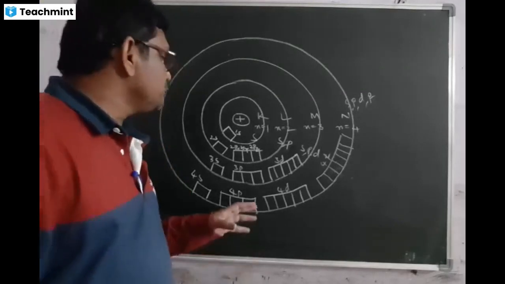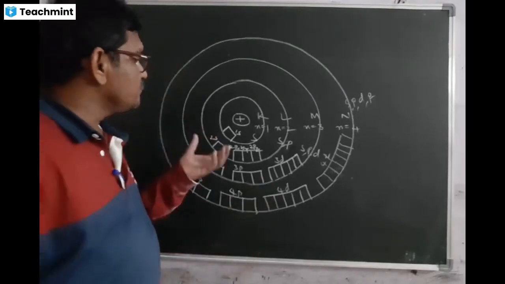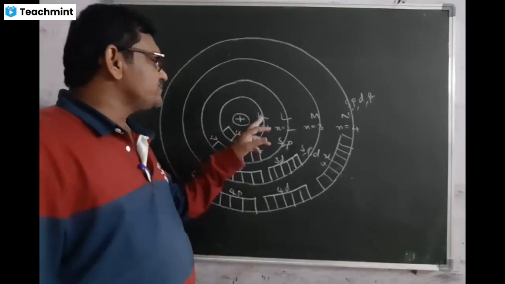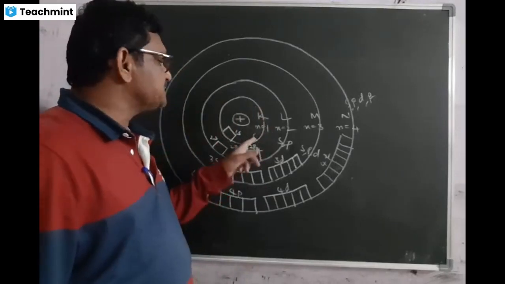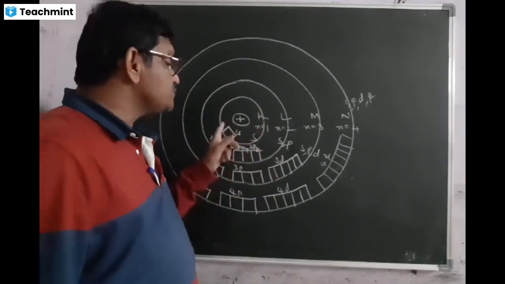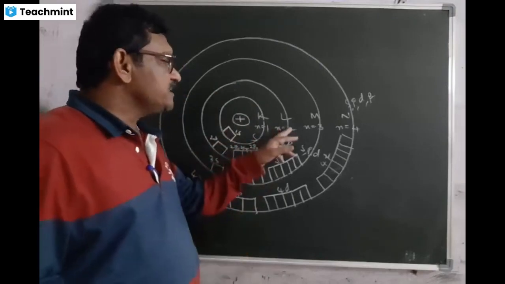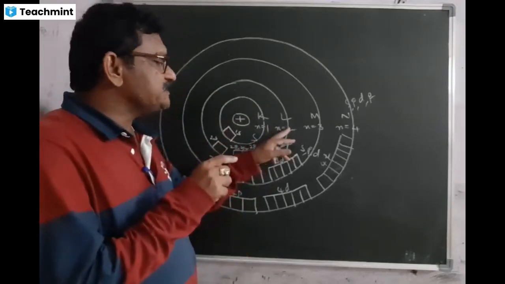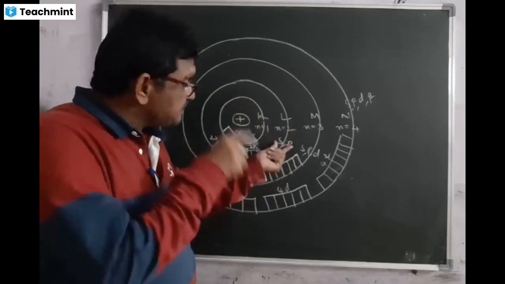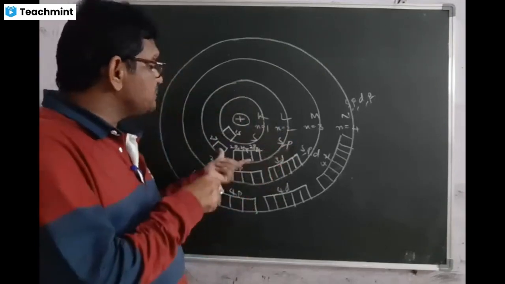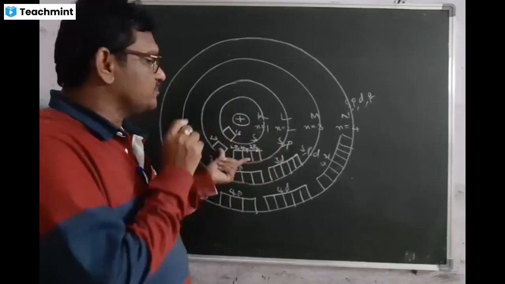So one more time I am explaining. Look here. This is the first shell. The first shell contains only one subshell, that is the s subshell. The s subshell contains only one s orbital. Here, the second shell contains two subshells, s and p subshells. How many orbitals? 4.